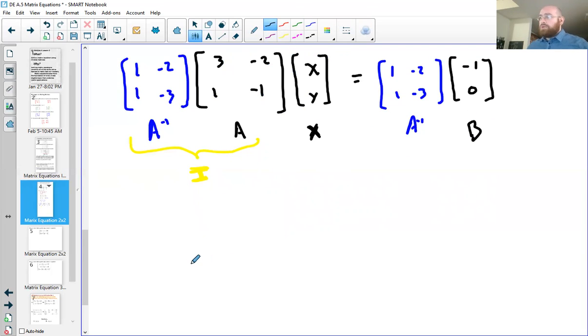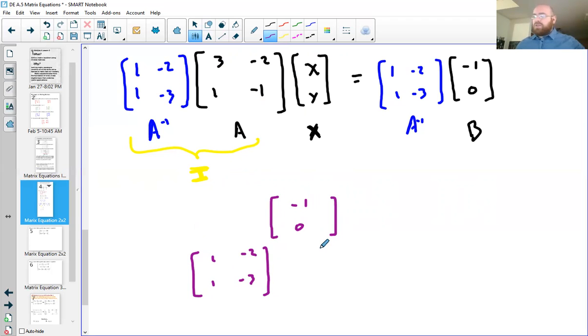So to do our multiplication, we have A inverse, 1, -2, 1, -3, and then -1, 0. The nice thing about matrix equations is that this multiplication is always a square matrix times a column matrix. Well, it would need to be a square matrix or it doesn't have an inverse.